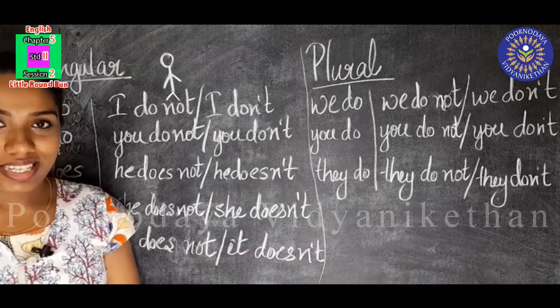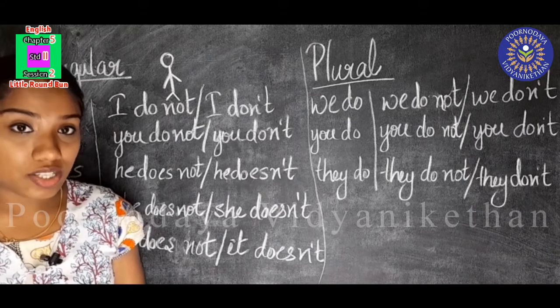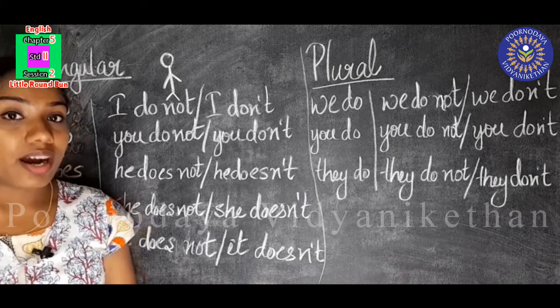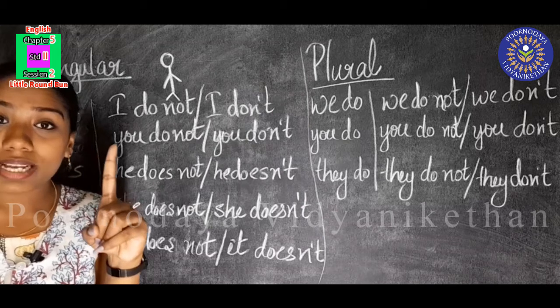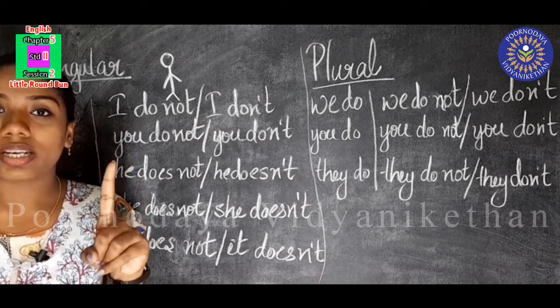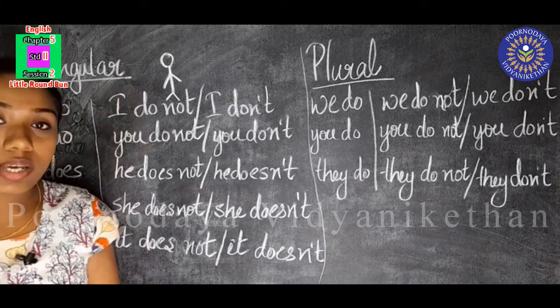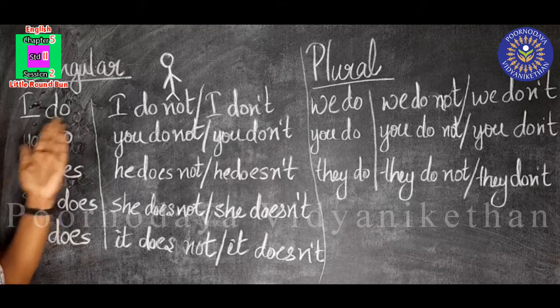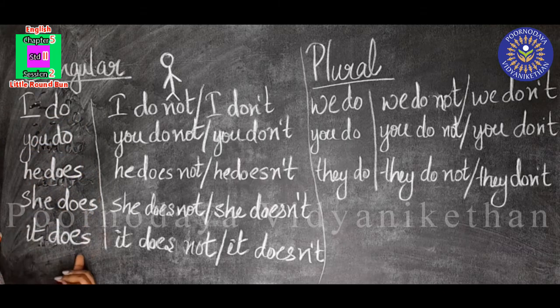Now, when we are speaking about an animal or a thing, it does not, or it doesn't. So we have learned simple present tense, and in simple present tense, when we are speaking about a singular subject, singular means a single subject. When we are speaking about singular subjects, we can use I do, you do, he does, she does, or it does.